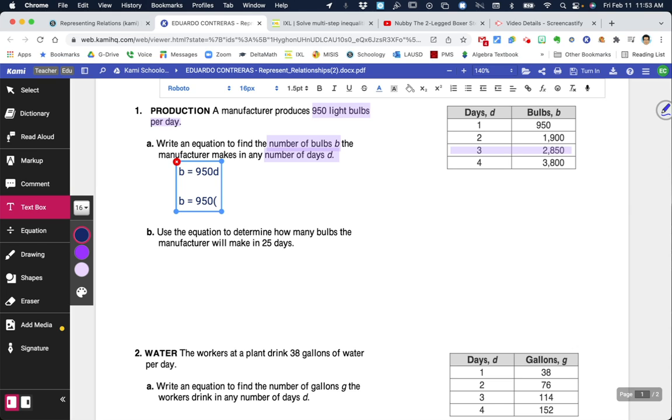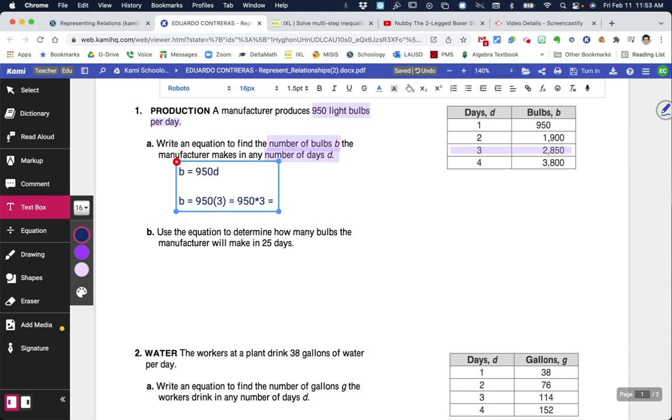Instead of multiplying it times D, we're going to multiply it times 3. So that's going to be 950 times, use a little star, 3. And let's see what that gives us.